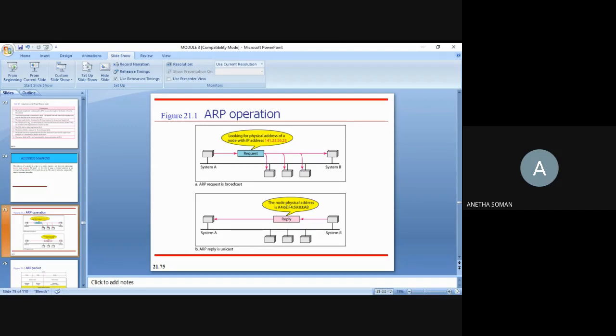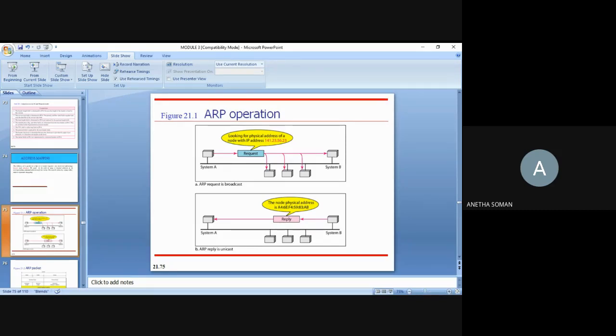So this is about the ARP operations. I will tell once again the importance of address mapping. Address mapping is required if you want to send data from the source host to the destination host, passing through several physical networks.